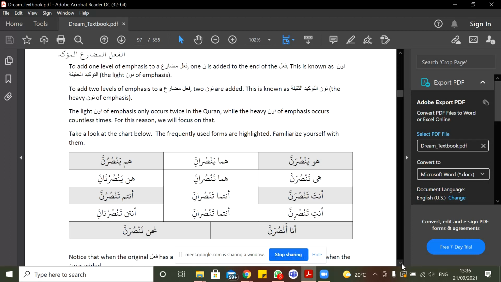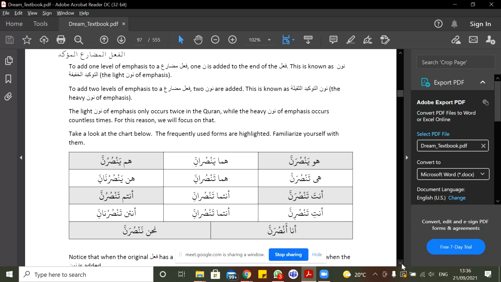Anta tansuru becomes anta tansuranna. Antuma tansurani. Antum tansuruna, antum tansurunna.